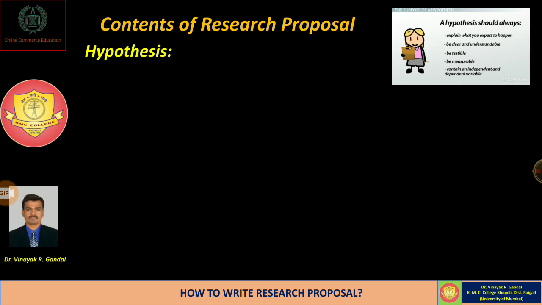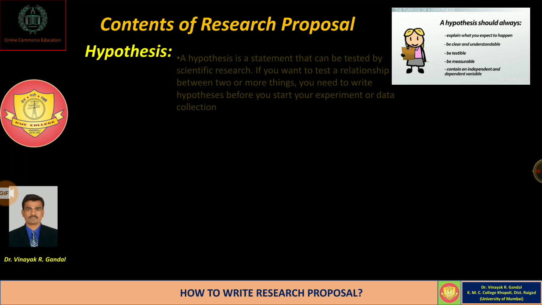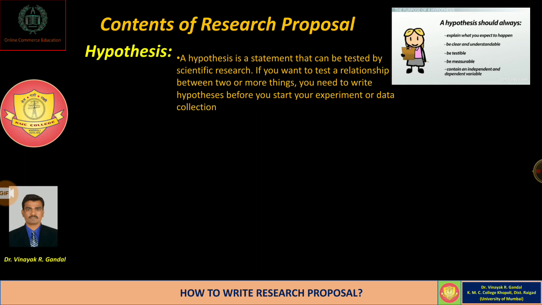Next, each learner or each student is required to write or determine a hypothesis for the proposed research. Normally, a hypothesis is a statement that can be tested by scientific research.